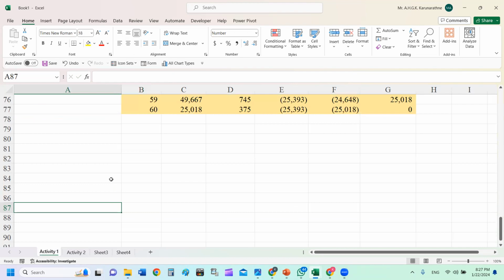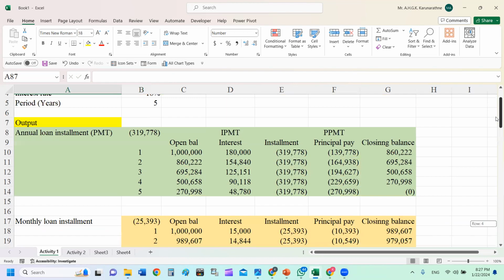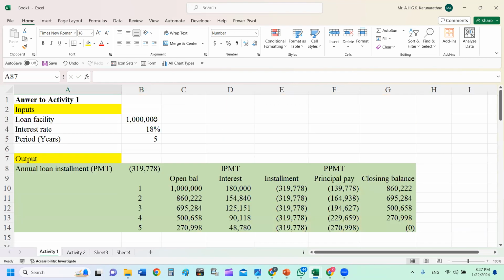We go and check without future savings, same scenario, same 1 million, 18%, 5 year period, annual loan installment was just 319,778, because your payment was just sufficient to repay the loan. So your installment was relatively low.